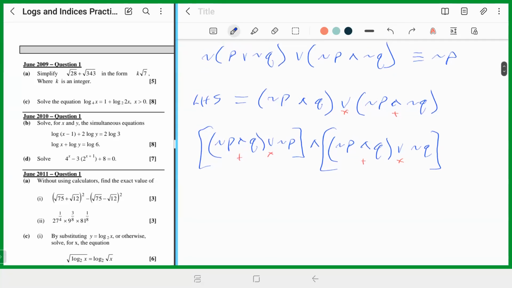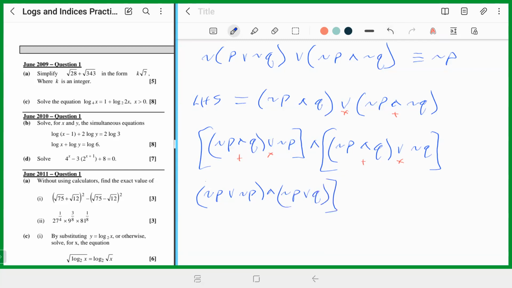I'm going to check something to make sure that's correct. Alright, so I'm going to multiply this out now. This times that first, I'm going to get not P or not P, plus, which is the AND, not P or Q. That's in that bracket.